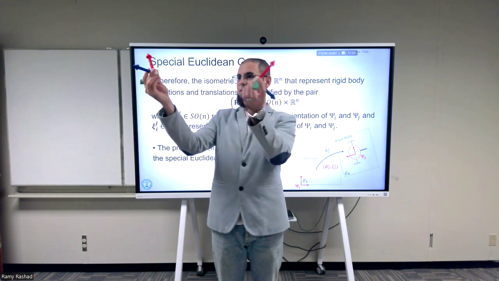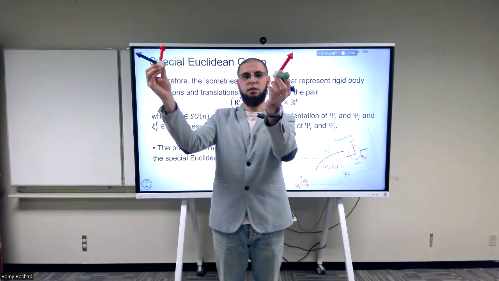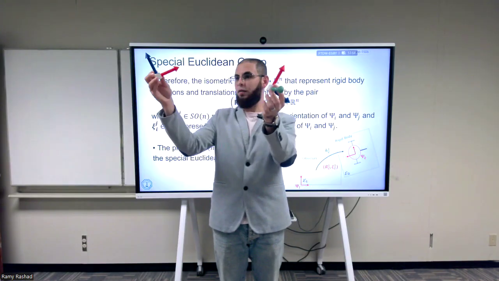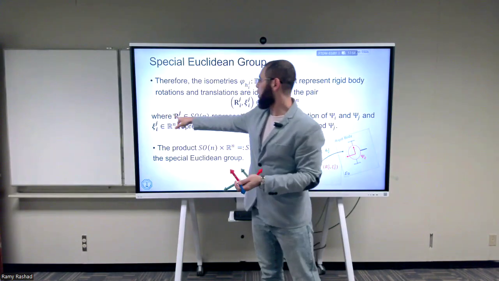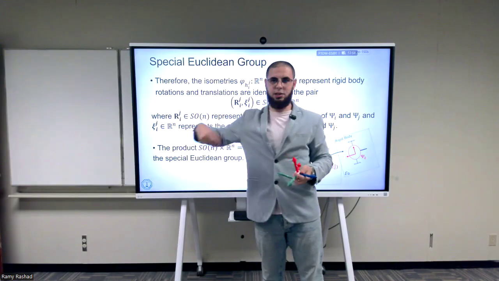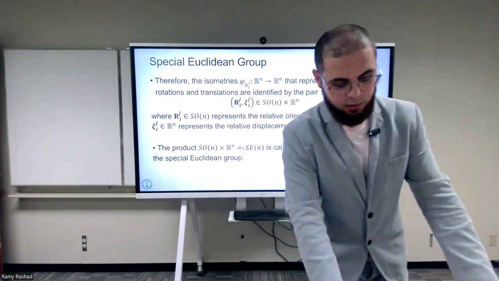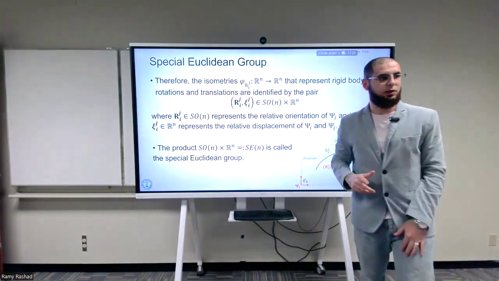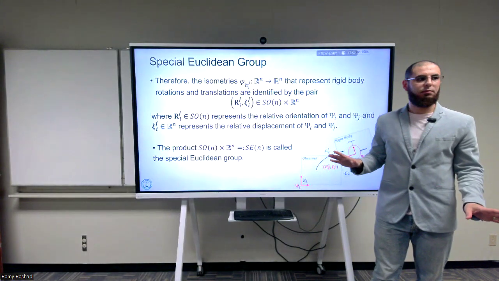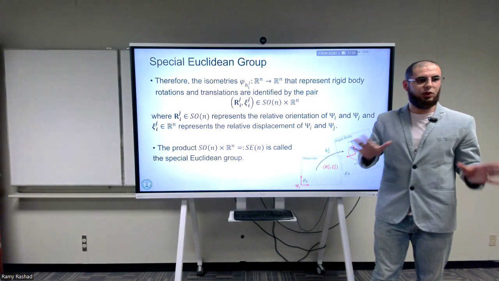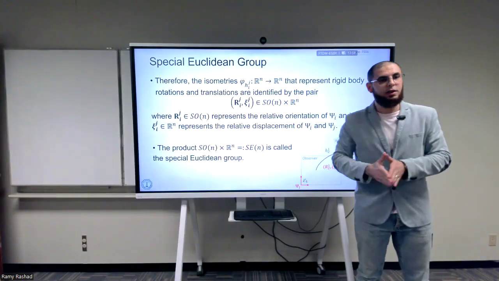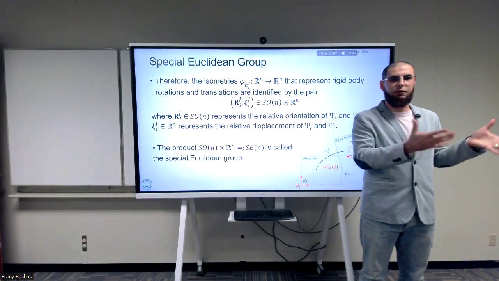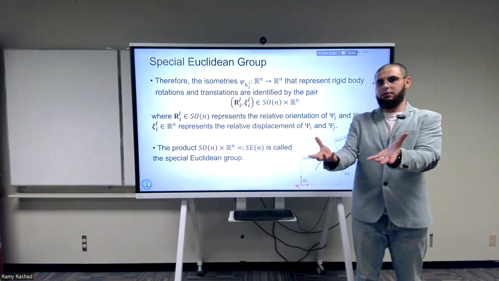It's the relative displacement between the 2 points, but of course expressed in one of the frames, which is always the one on the top. Always the one on the top is where we express stuff, is where we're looking at stuff. And I have the relative orientation between the two. Any questions? Clear?